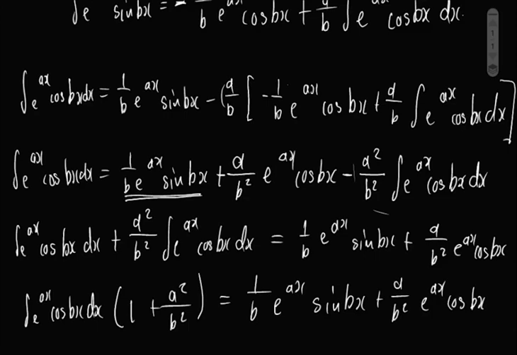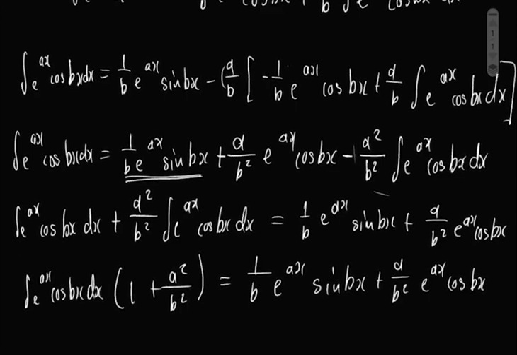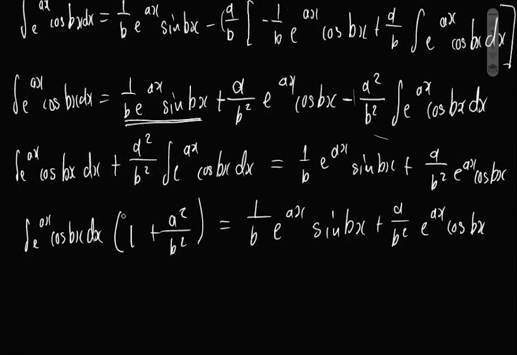Okay, so what are we going to do now? Well, we're just going to have the same thing. Now we take this thing that's multiplying to the other side, it divides. So dividing, it will be now integral of e to the ax cos bx with respect to x is therefore equal to, okay?